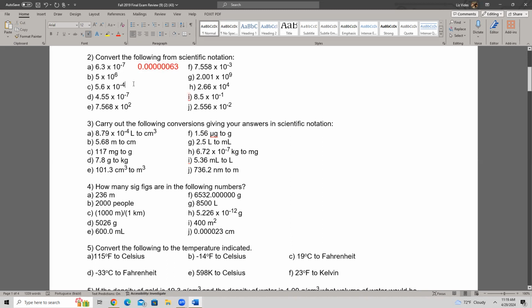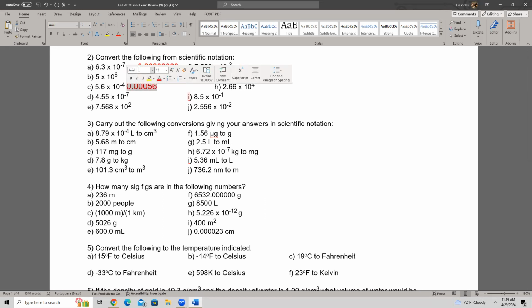So this one right here is going to be -4. So again, 3 zeros, 1, 2, 3, and then 5, 6. That's how you do those. You just go with what it tells you to do and add the zeros accordingly. All right, this one is going to be a positive.